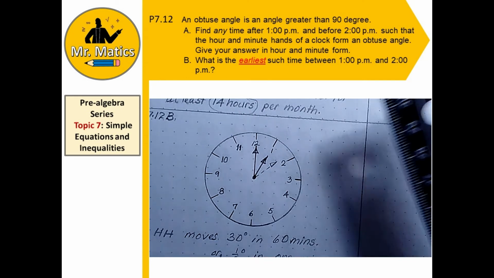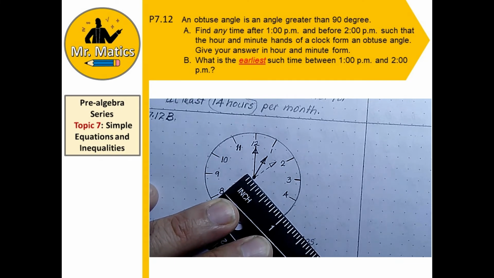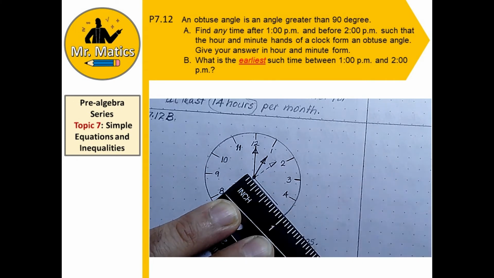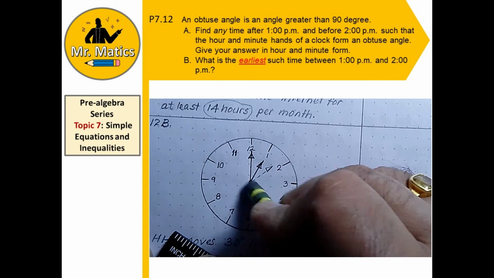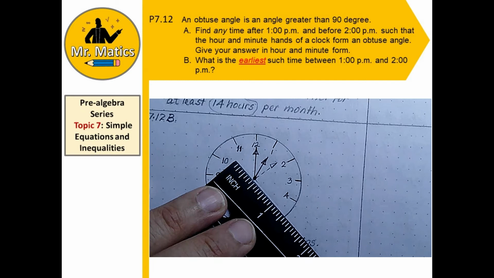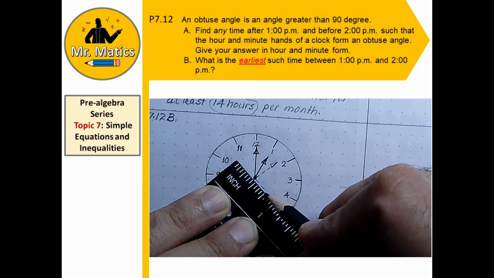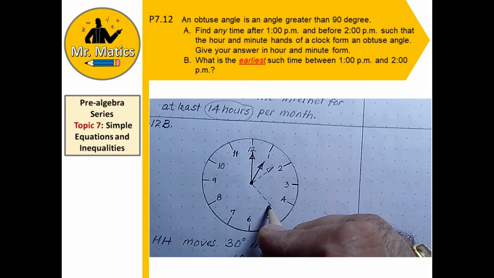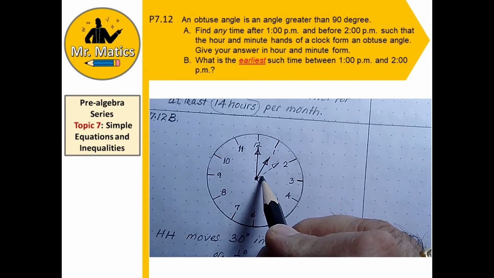And the minute hand has moved to some position which is 90 degrees of that at least. This should be a dotted line. Okay, and this is a 90 degree.